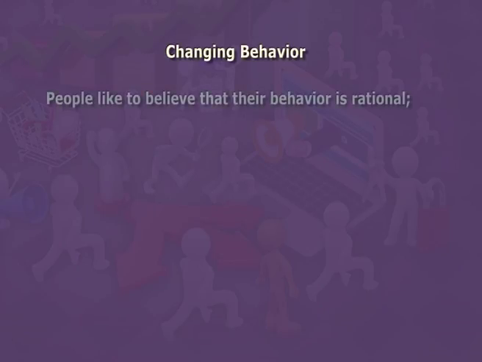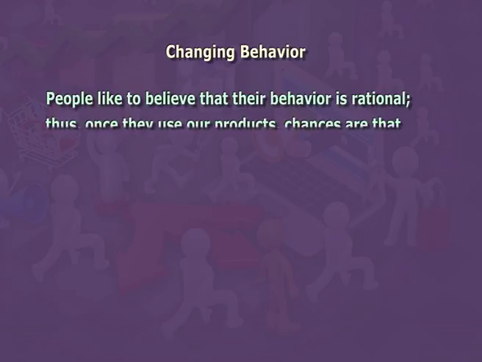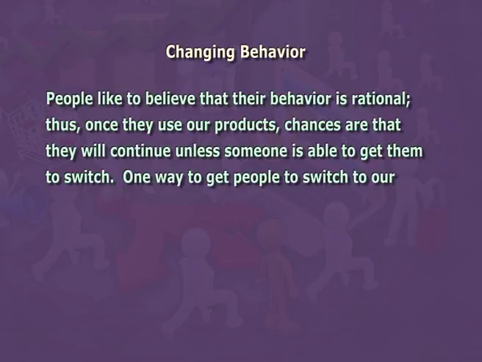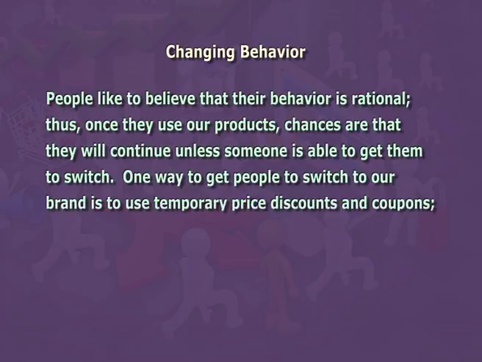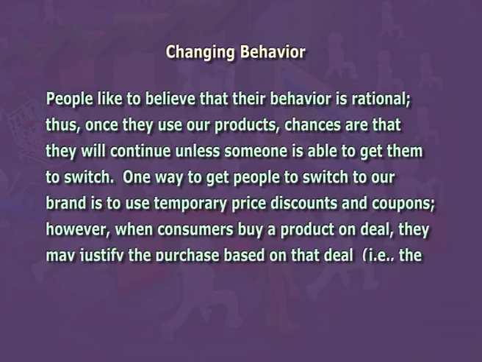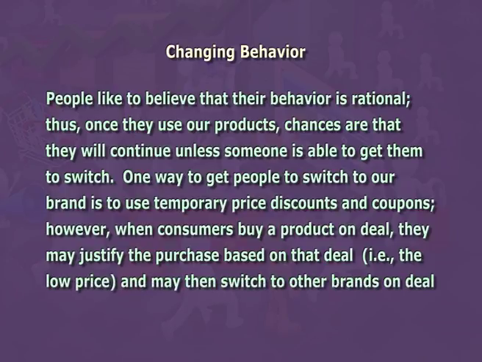Changing behavior. People like to believe that their behavior is rational. Thus, once they use our products, chances are that they will continue unless someone is able to get them to switch. One way to get people to switch to our brand is to use temporary price discounts and coupons. However, when consumers buy a product on deal, they may justify the purchase based on that deal, that is the low price, and may then switch to other brands on deal later.